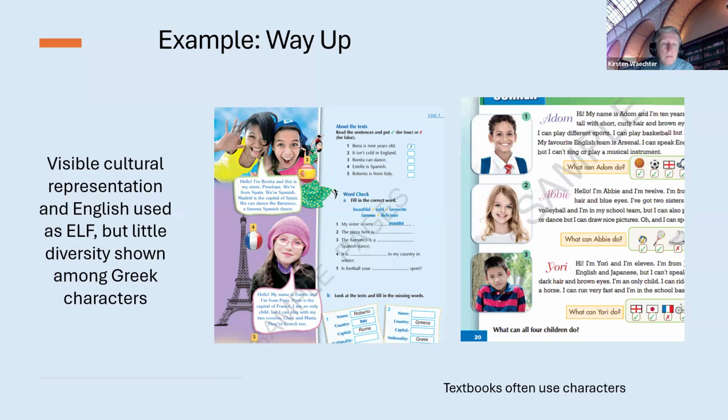And so by Grivas Publishing, and you can see already here that from a very early age, what they are trying to do is give children an idea that you will communicate in English with a lot of different people. Different ethnicities from different countries.